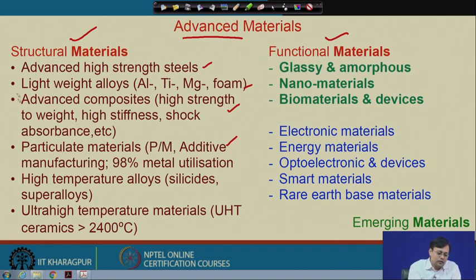Also, we discussed these as structural material, and today we are going to continue the structural material as high temperature alloys or ultra high temperature materials and some of the functional materials like emerging materials.